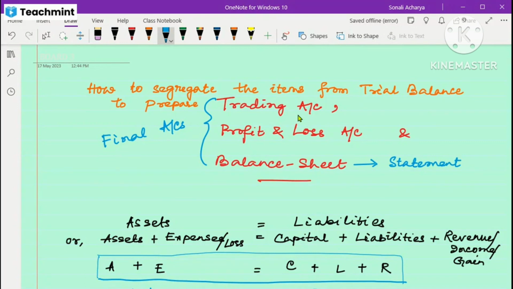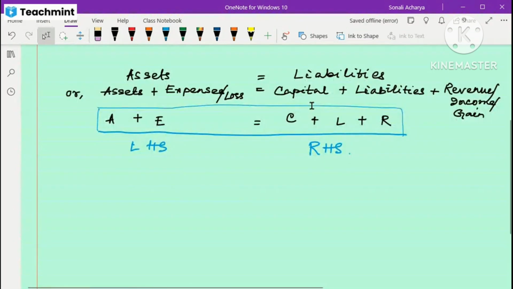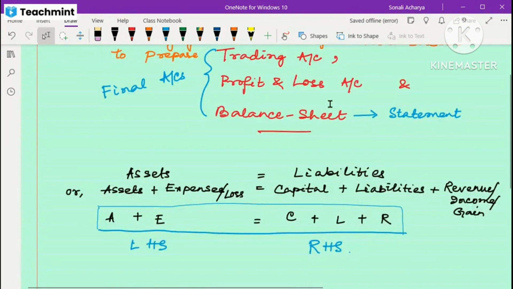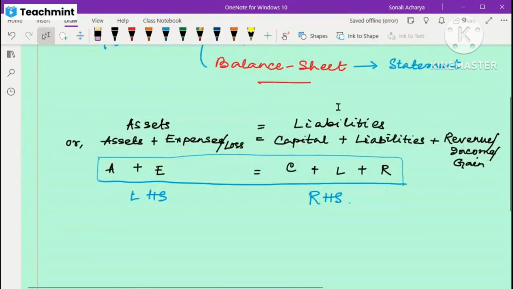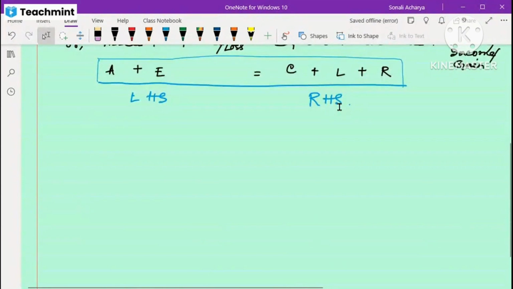Okay, so in my last video I have solved a problem and shown you how the accounts are prepared, but what are the basis of classifying the account heads into different accounts of this balance sheet? That is my today's topic.